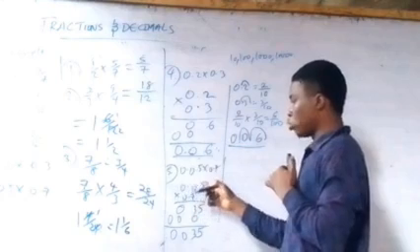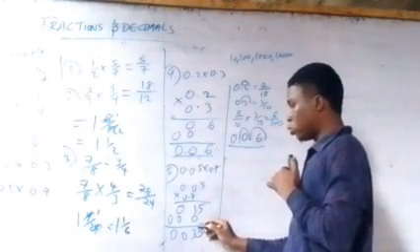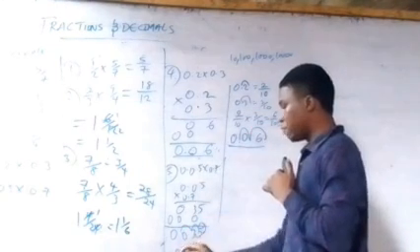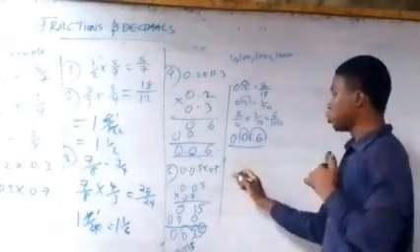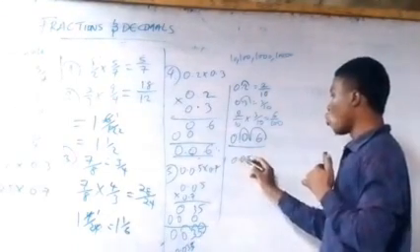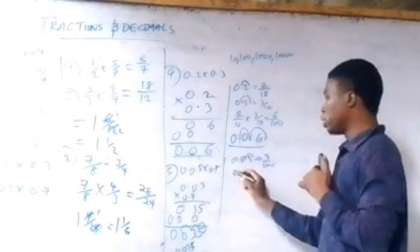Now move 1, 2. You move 1. How many times? 3. So you are moving back 3 times. 1, 2, 3. So our answer is what? 0.035. Likewise, we can do 0.05. You move 1, 2. It becomes 5 over what? 100. 0.7.